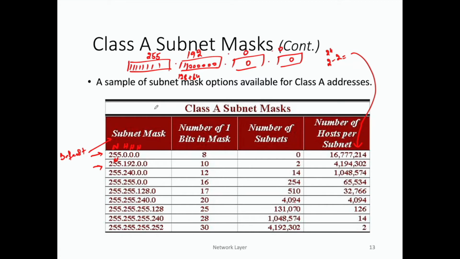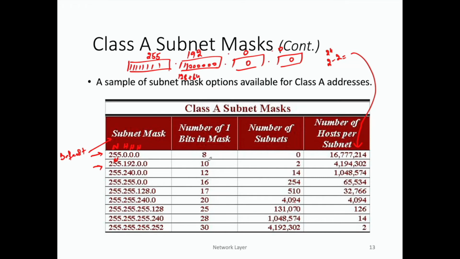So what's the next subnet mask? 255.192.0.0. Now, how many bits are used for masking? 8 is by default, the first octet representing the network portion. So what we have done now, we have borrowed 2 more bits from here.